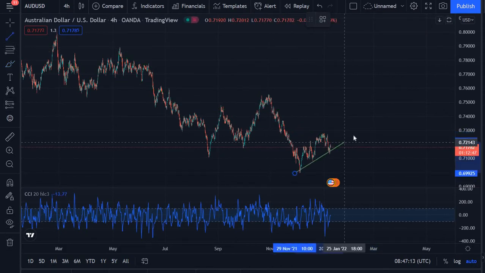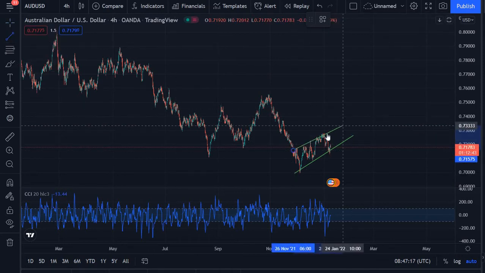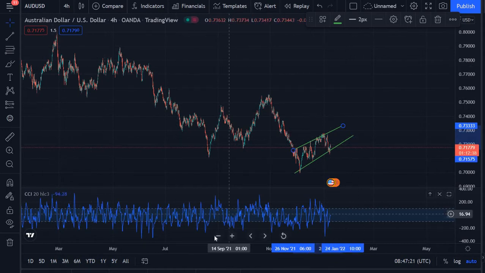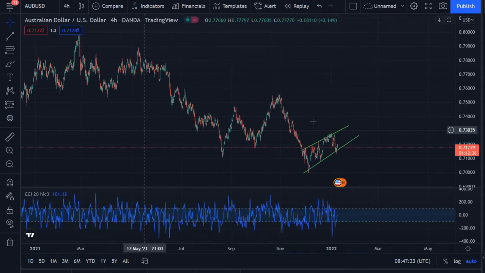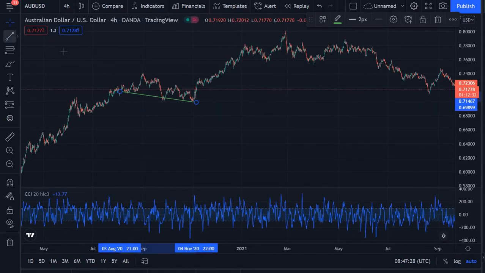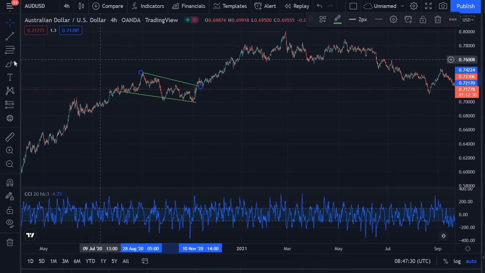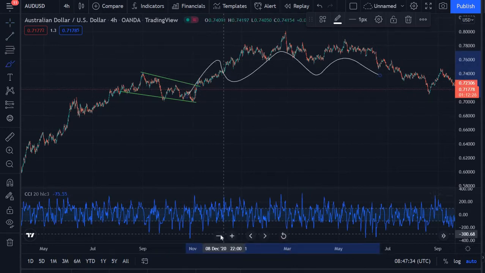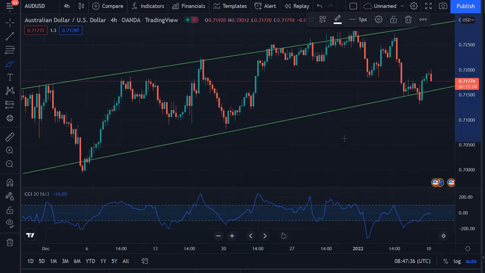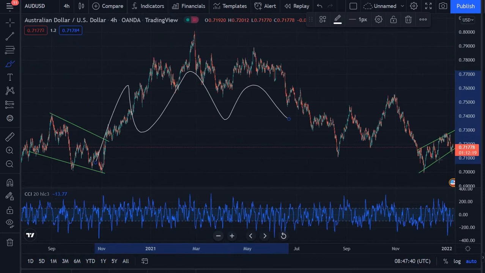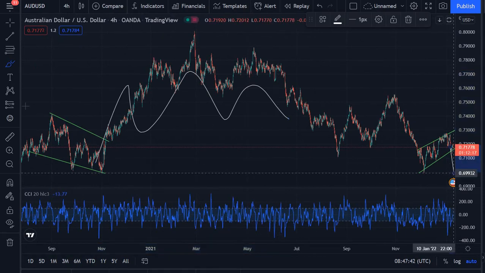But if we now draw a trend line, what could be a bearish flag, kind of the opposite of this one here, where we suddenly shoot higher, this would be the flag where we shoot lower to the downside.